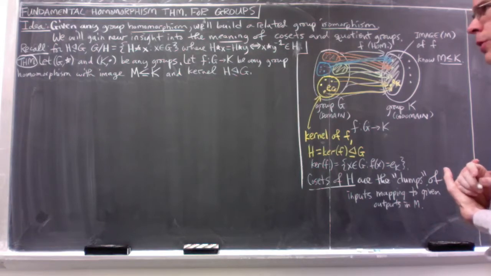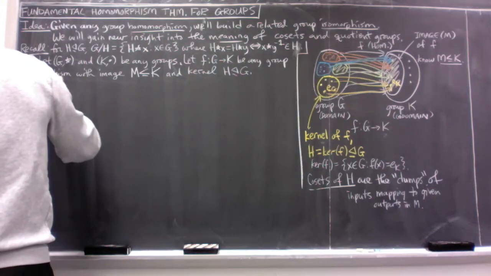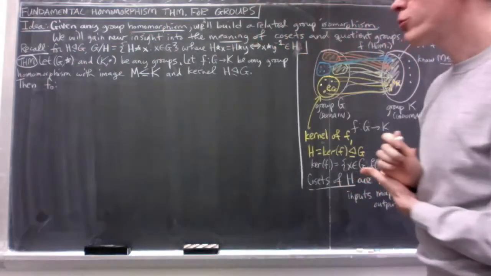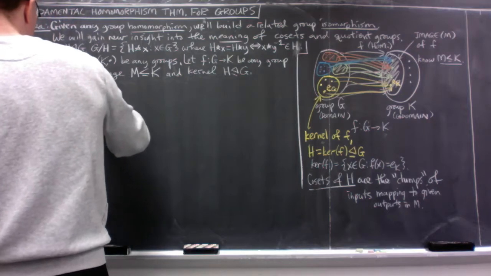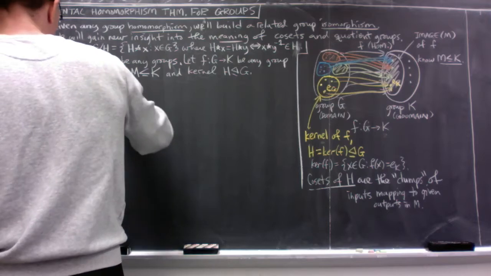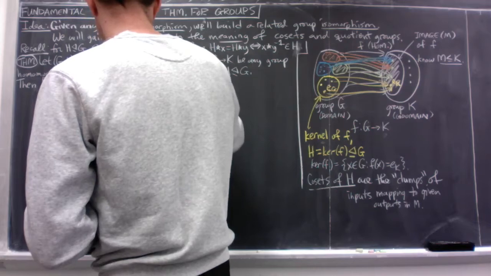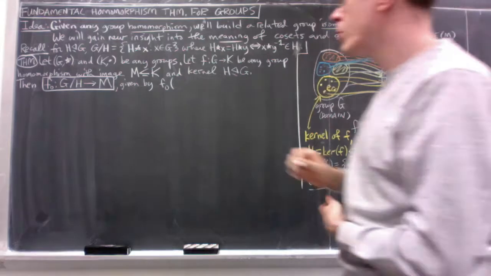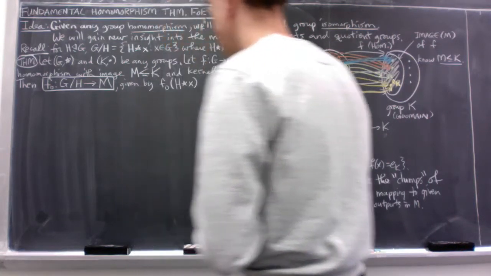And now I will tell you about an isomorphism, which I'll call F naught. And the isomorphism will start at the quotient group G slash H, and its codomain will be M. So new domain and codomain. And the formula for F naught, because G slash H is a set of cosets, I have to tell you where is this new function going to send a coset H star X?